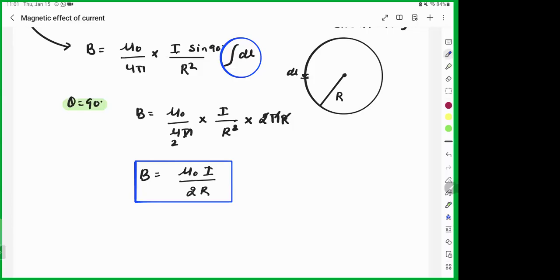Tell me, guys, were you making this mistake and memorizing each and every formula of magnetic field? No, sir. What is the meaning of your no? Like you don't have doubt, or you were not doing it? No, I don't have any doubts. I understood.